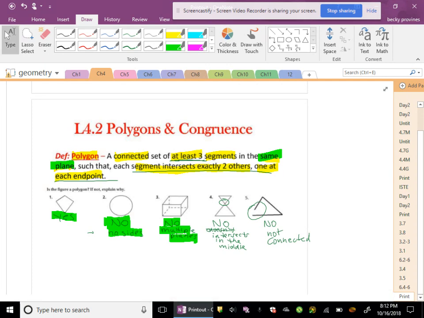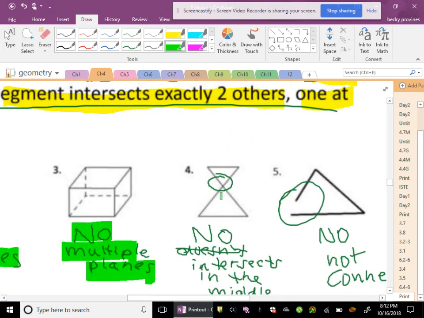Then number 4, if I were just to give you the triangle and say, is that a polygon? You would say yes. But really, this is not just 2 triangles. This is one shape. And if you notice here in the middle, they intersect, but it's not at the endpoint.